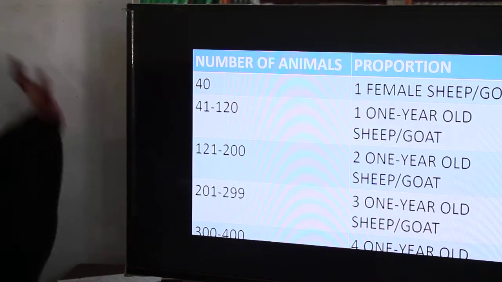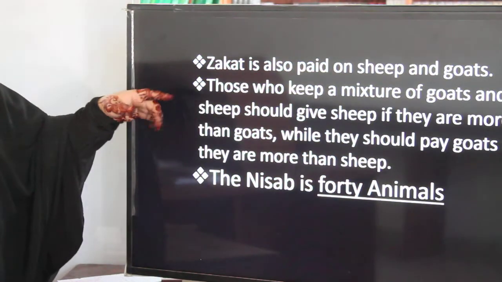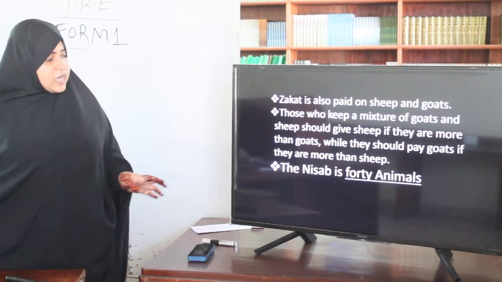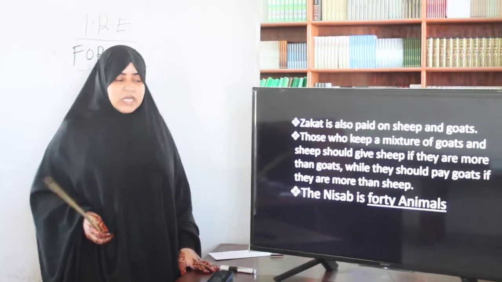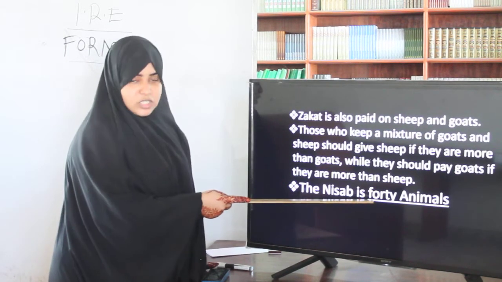For zakat on animals, we look at those you keep, the goats and the sheep. The nisab, the minimum amount for zakat, for goats and sheep is 40 animals.